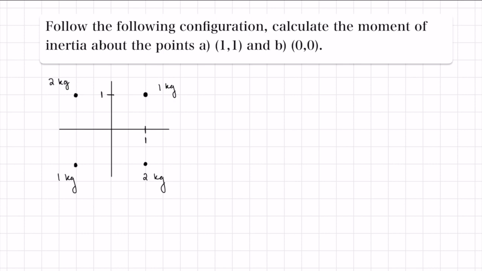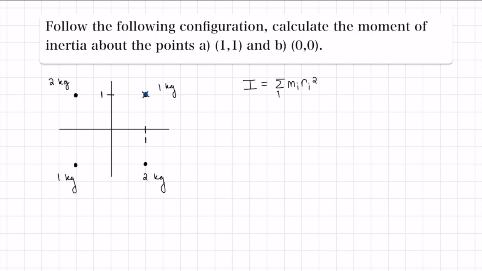And I'm just going to write out our formula for calculating moment of inertia. That is I is the sum over the individual points that we have, m_i r_i squared.